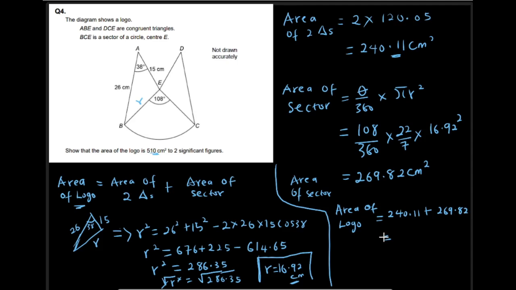That will give us 509.93 cm squared, which is approximately 510 cm squared. So this is our answer, the solution to this problem: show that the area of the logo is 510 cm squared, to two significant figures.